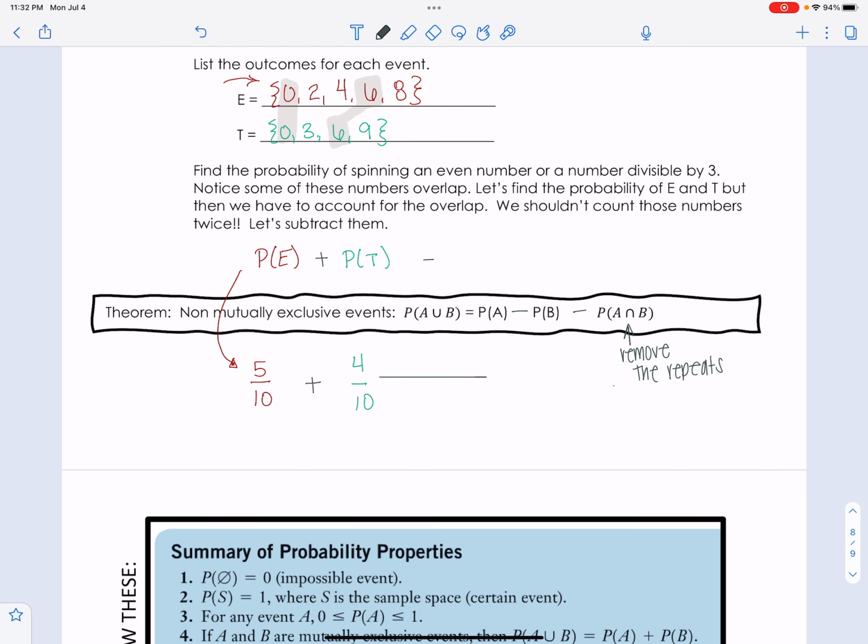If I were to just add those together, I would have counted the numbers 0 and 6 2 times. And so what this theorem says is you're going to subtract out the numbers that are in both, the numbers that are being repeated. So I'm going to subtract out 2 of those numbers out of the 10.